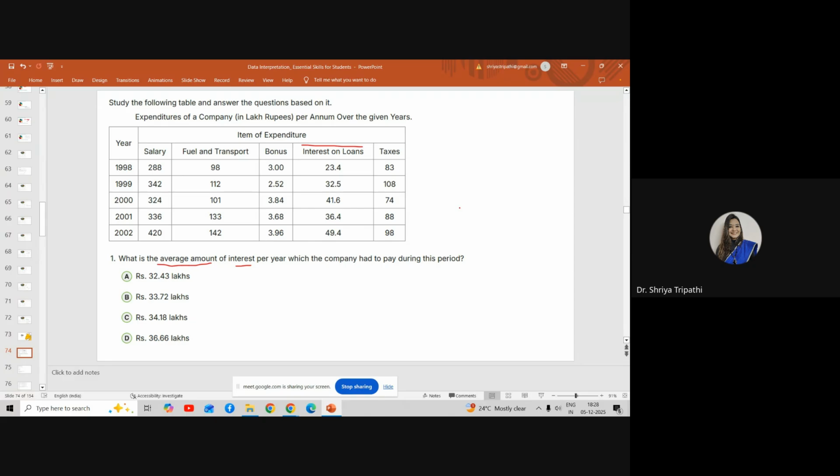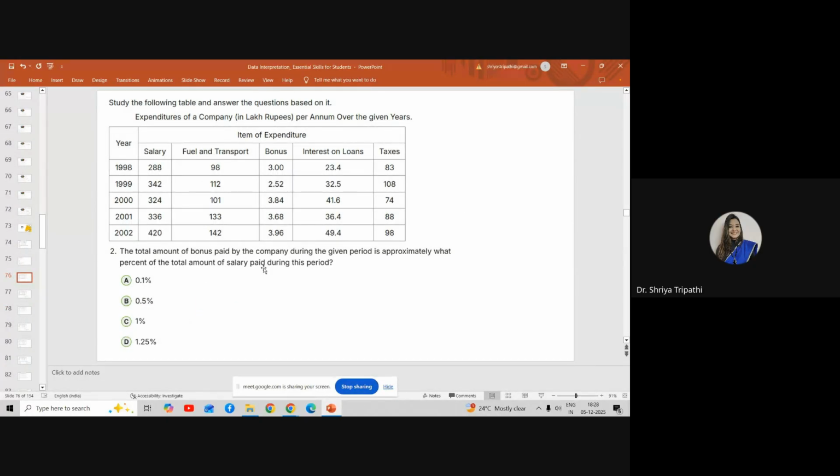I've got three responses. How do we calculate? We are summing up everything: 23.4, 32.5, 41.6, 36.4, 49.4, and we are dividing it by 5. You will get the answer. Okay, everyone got the same answer? Anyone who has a different answer? Yes, ma'am.